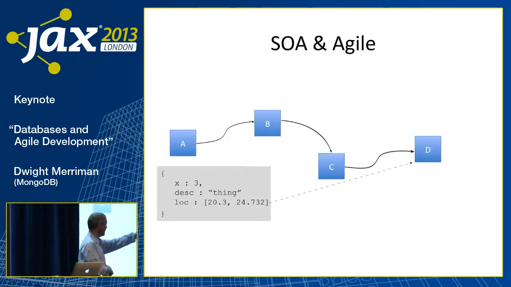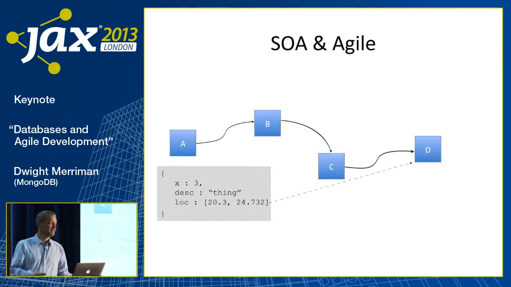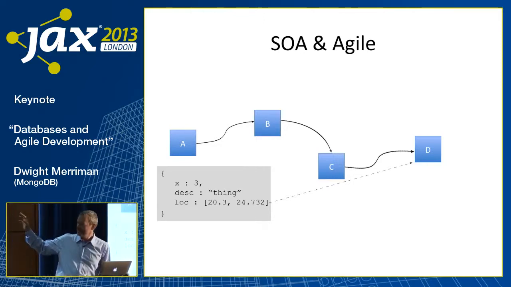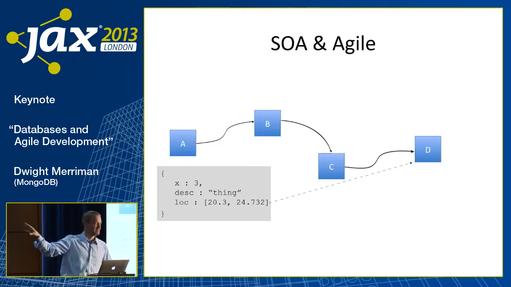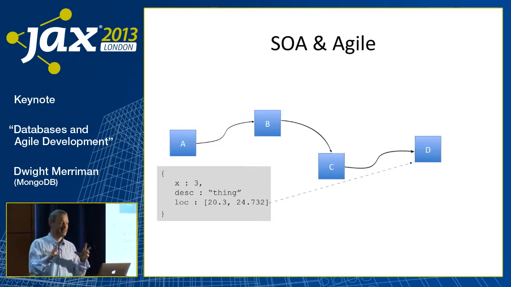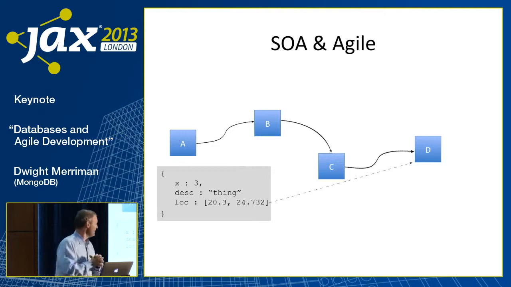And then we're also going to modify the code for service D to consume that field, right? But the question is, if I do that iteration and do that release, do I need to change B and C? And the answer is it depends. It depends on what you were using. If you're using something that's strongly typed for the format of these serialized objects flowing through the system, the answer is yes.